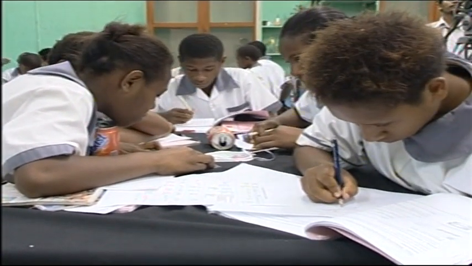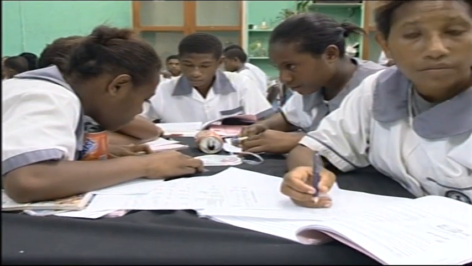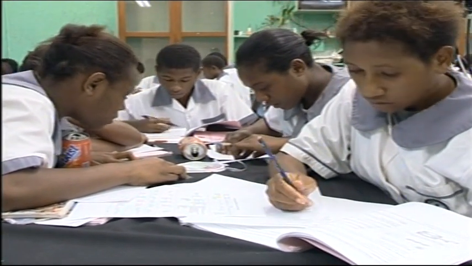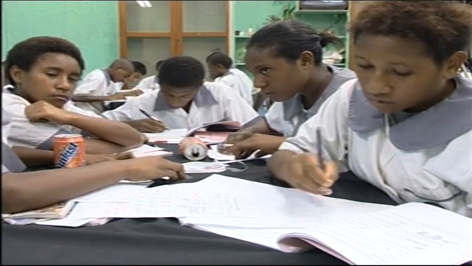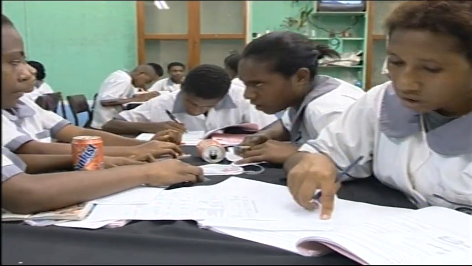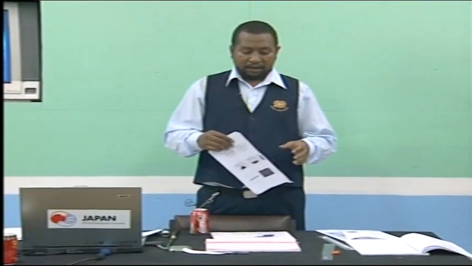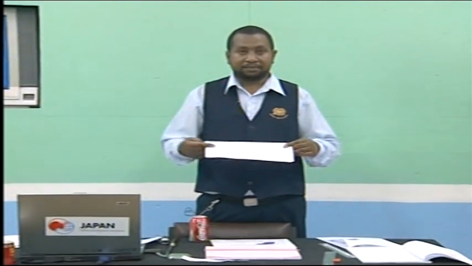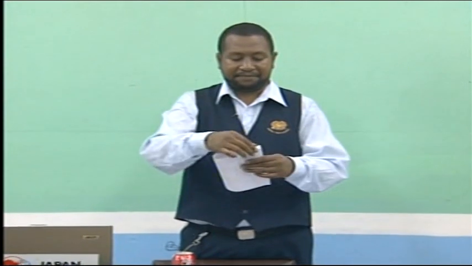Class, before we find the diameter of the two objects, I would like you to take out the blank A4 papers and fold this blank A4 paper in half, like this. Okay?